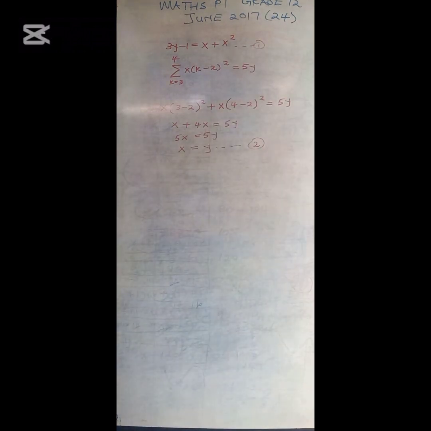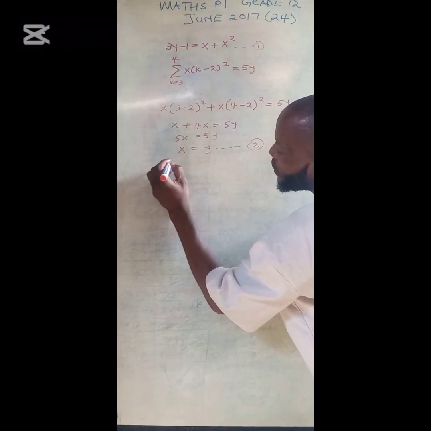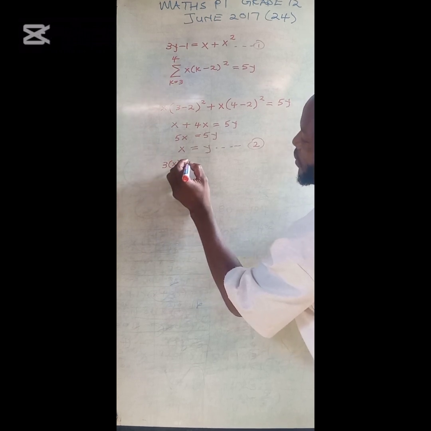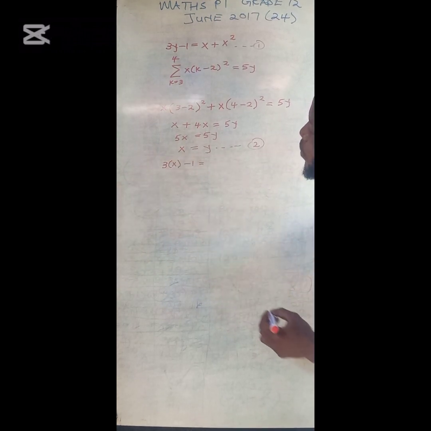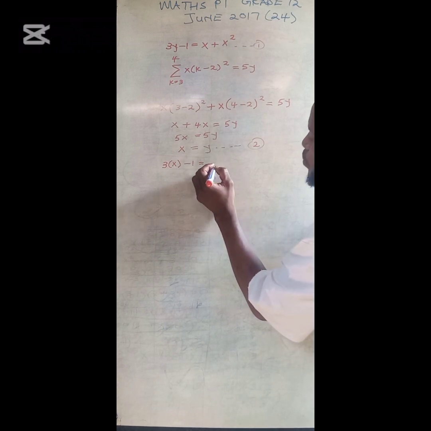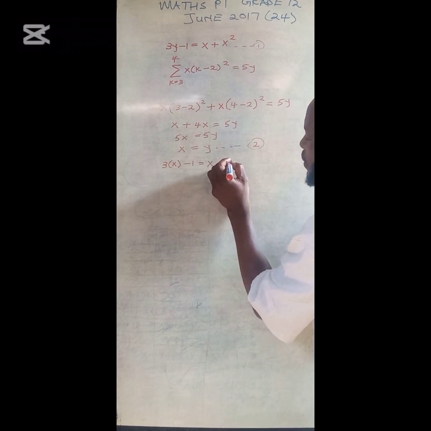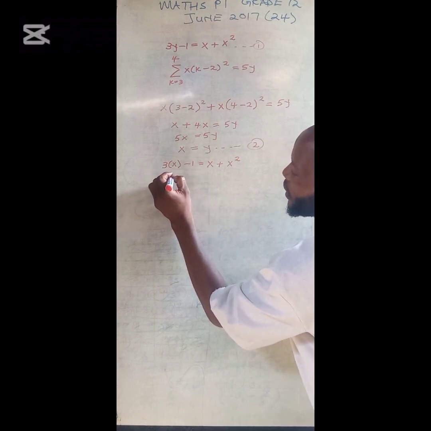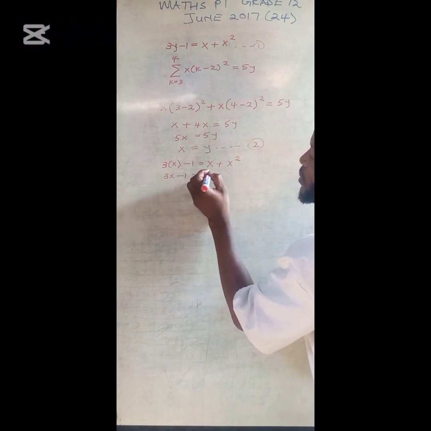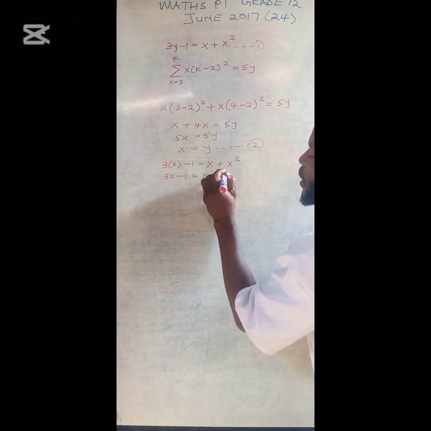So let's go to equation 1. Wherever we see y, we put x. So 3 times x minus 1 is equal to, wherever we see y, we put x. We are done. So it says 3x minus 1 is equal to x plus x squared.